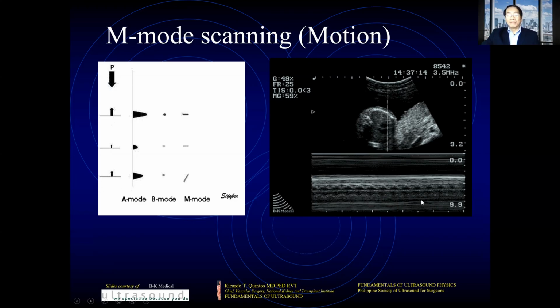And looking at the waveforms, you will see whether the valves are closing properly or moving adequately, or if the contraction of the ventricles is adequate or not according to the norms set by thousands of previous studies.